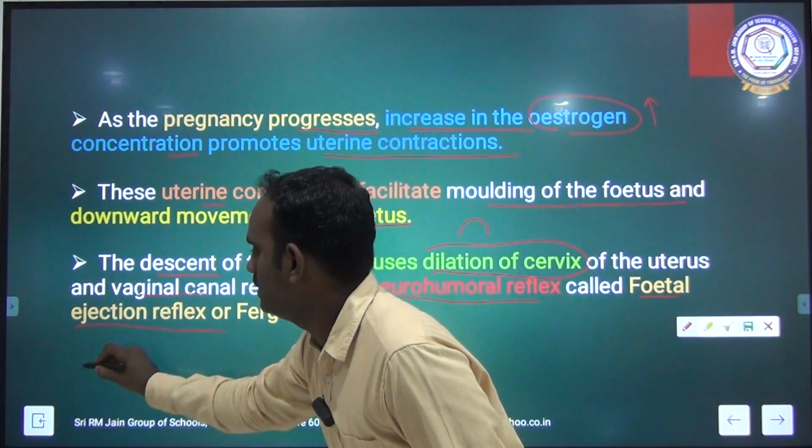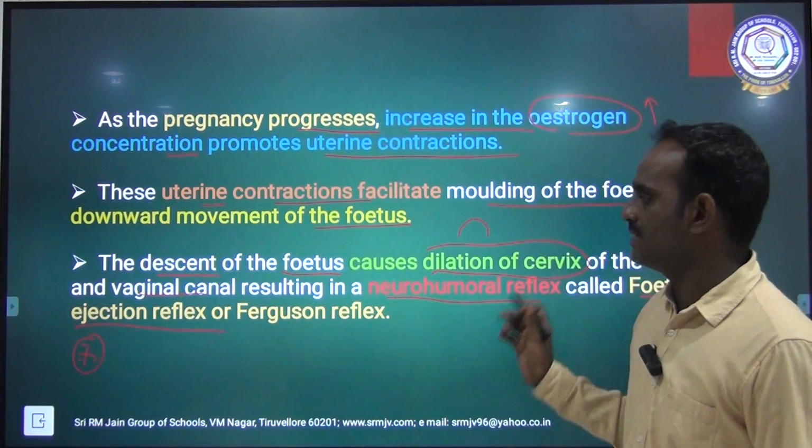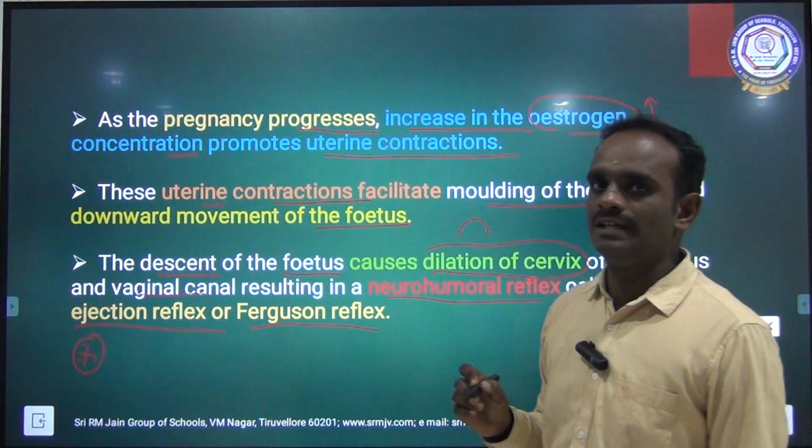So it is a 2 mark question: what is fetal ejection reflex? This fetal ejection reflex is also called the parturition reflex. Clear?